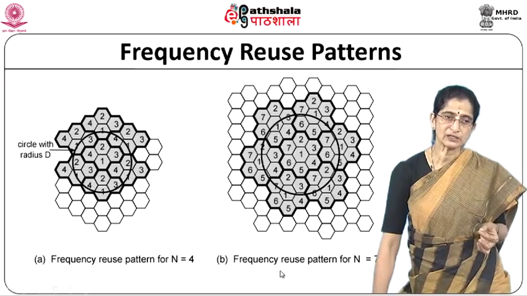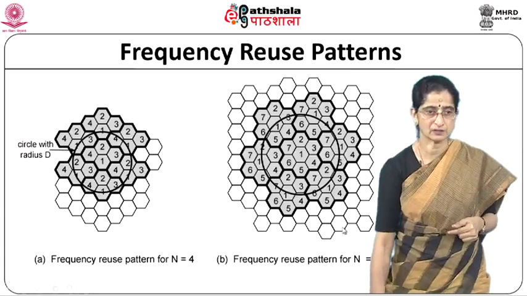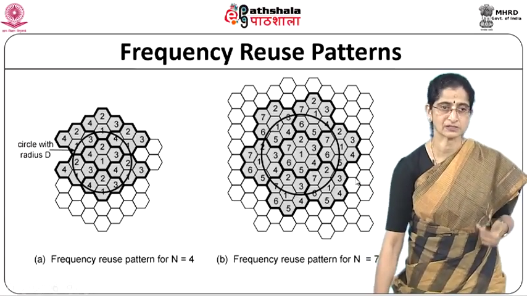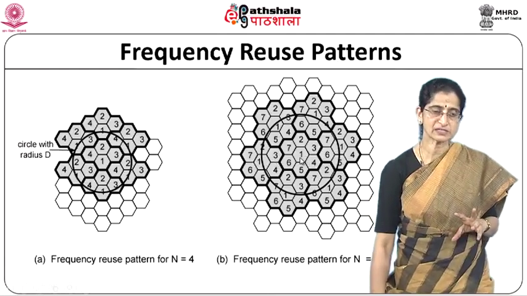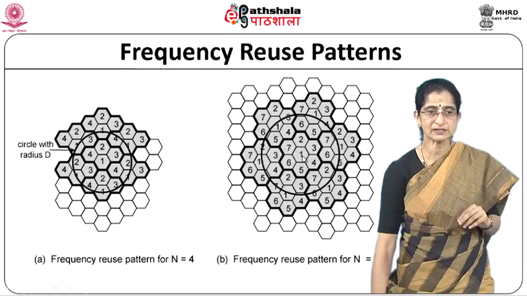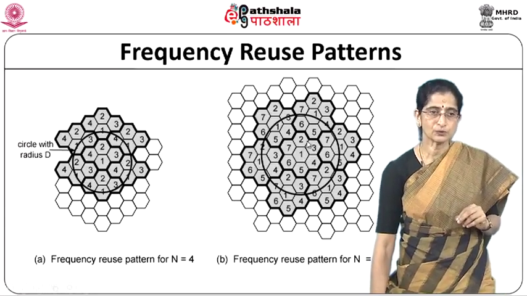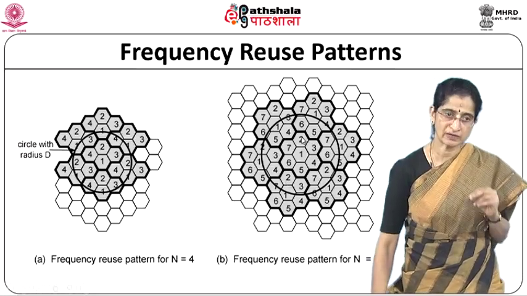Now let us look at another reuse pattern where n is equal to 7, as in the example we just alluded to in the previous slide. Here you will see that there are 7 different sets of frequencies, 1, 2, 3, 4, 5, 6, 7. If this is set 1, you will find that none of the adjacent cells use the value used by 1.